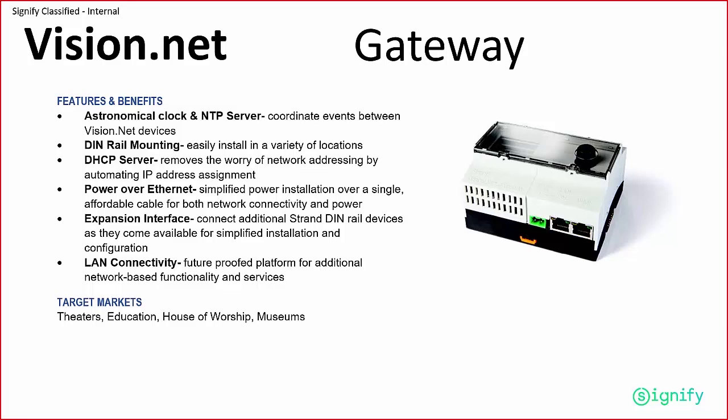We will be expanding this DIN rail offering to include additional modules. For example, one of the modules that we have just released is a module that just slides onto the DIN rail, connects into this connector, and that's all of the installation that you need to do for the module.